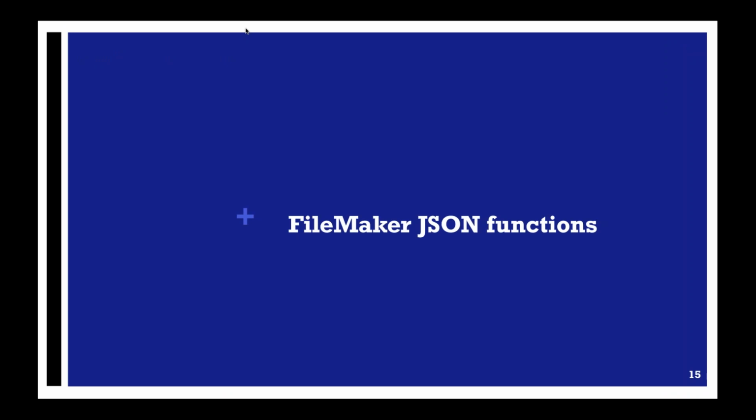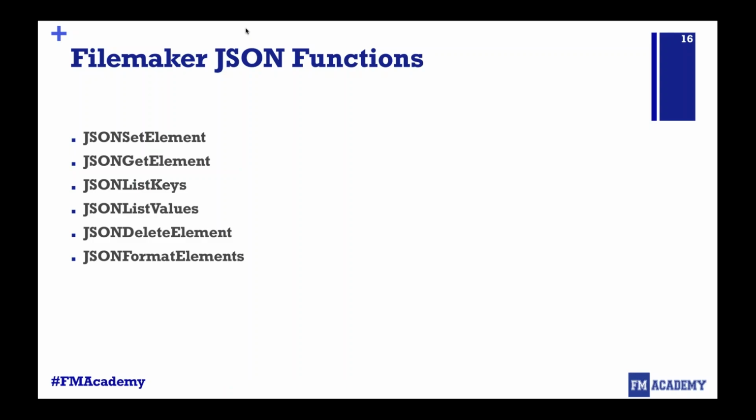So let's go over the JSON functions in FileMaker. In 16, FileMaker gave us 6 new JSON functions: JSON set element, JSON get element, JSON list keys, that's going to be your attributes, JSON list values, JSON delete element, JSON format elements.